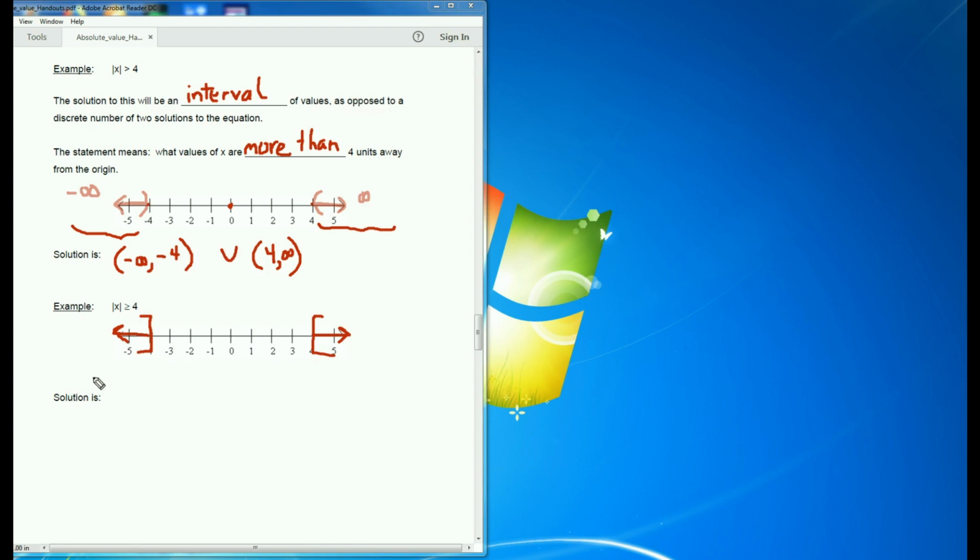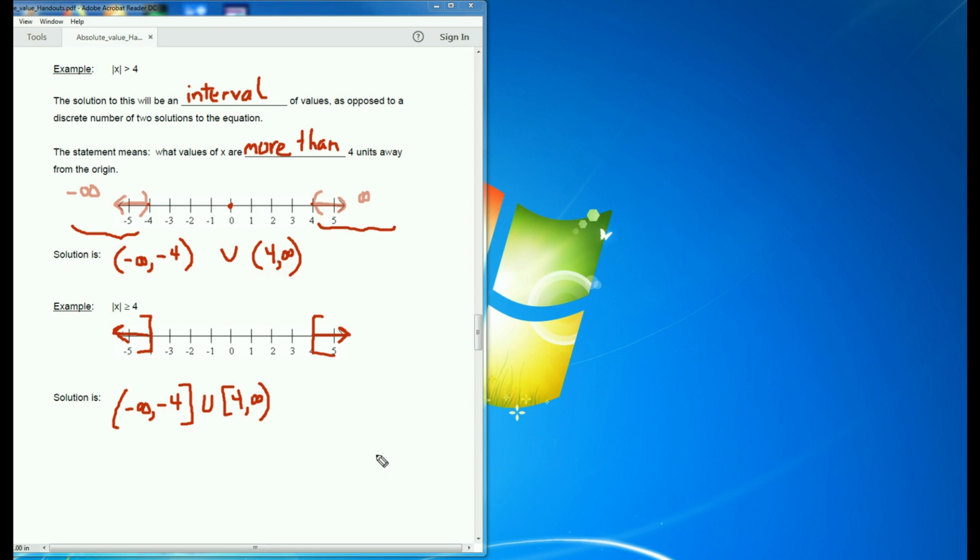Okay. So my solution here would be -infinity, -4, hard bracket, union with bracket, 4, infinity. Okay.